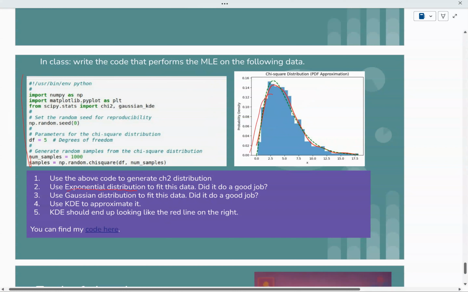Then you can try a Gaussian to fit, and you're going to see that the Gaussian also doesn't do a good job. And then lastly, use KDE. You're going to see that the KDE, like this red line, does a great job. It does a very good fit. Definitely try to do it first yourself, and if you're stuck, you're welcome to look at the code.